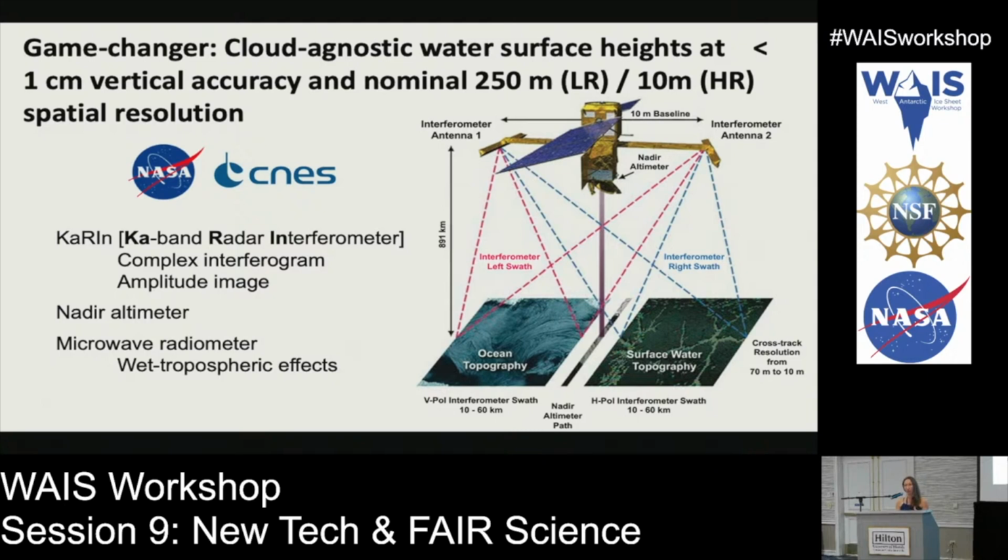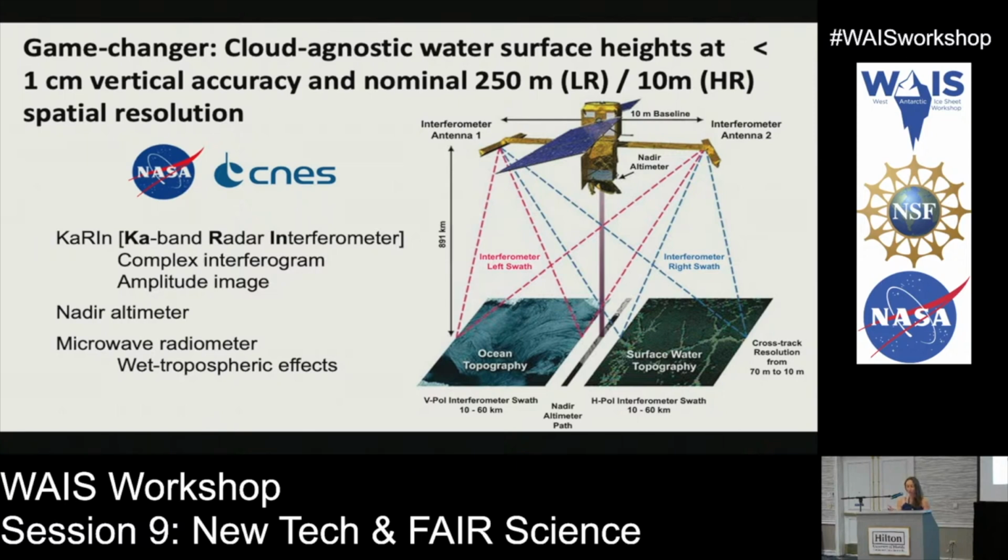It also has a nadir altimeter and a microwave radiometer. And with its two antennae on either side, it produces two swaths on either side of the satellite. Nominal spatial resolution is 10 meters at the center of the swath and grows towards the outside, and the swaths are about 50 kilometers across.